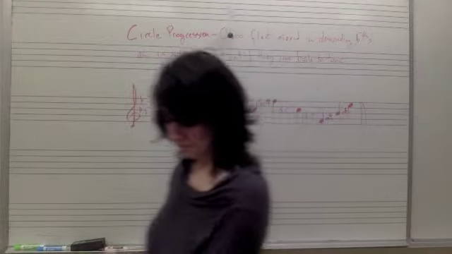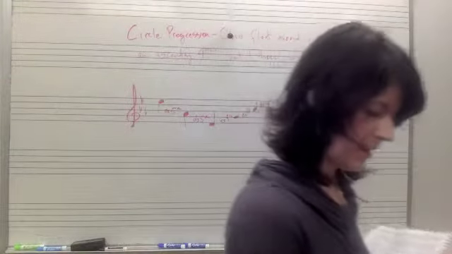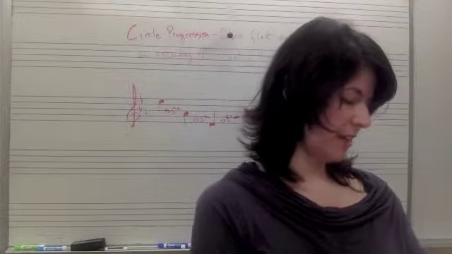So that's the essential element of a circle progression. It's made up of descending fifths and ascending fourths.